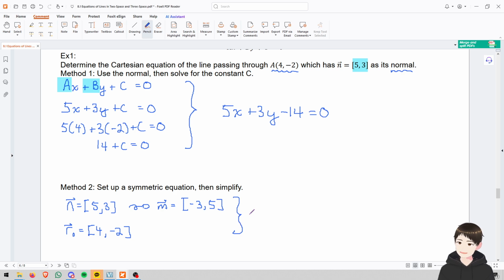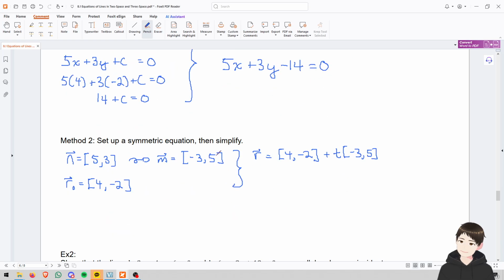Using these two pieces, I know my line is (4, -2) plus a parameter times (-3, 5), which means my parametric equation is x equals 4 minus 3t and y equals negative 2 plus 5t.